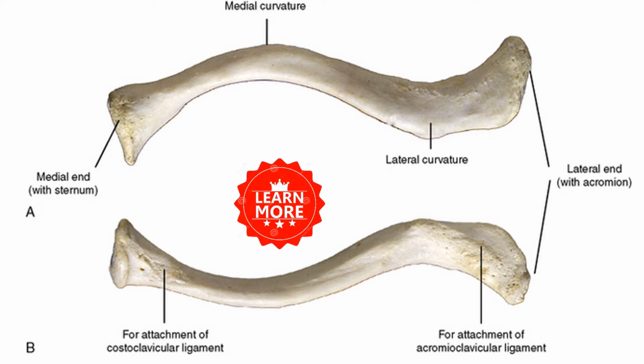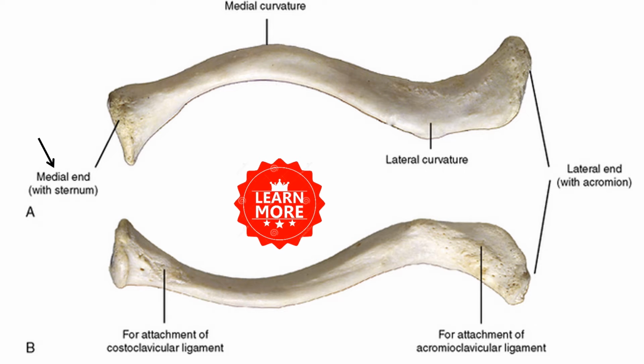It has an upper surface, lower surface, anterior border, and posterior border. For your interest, the clavicle is the first bone to ossify in the embryo and has no medullary cavity. So let's collect data from these two images.